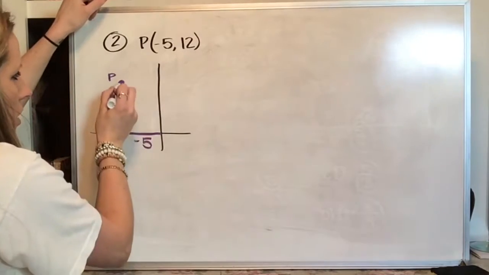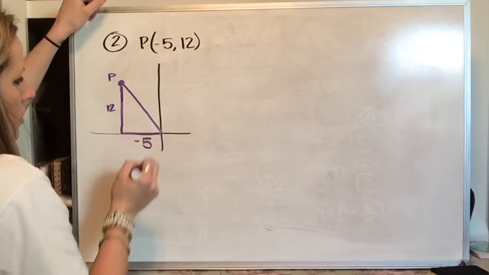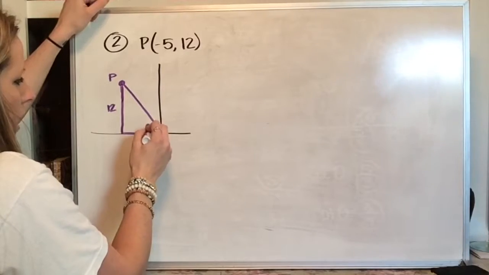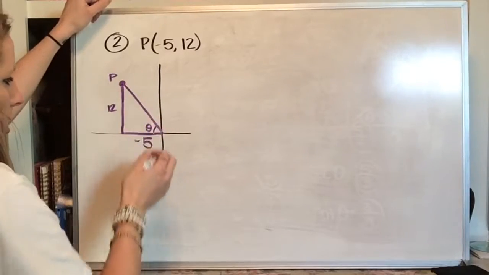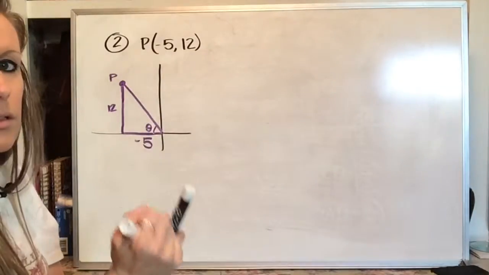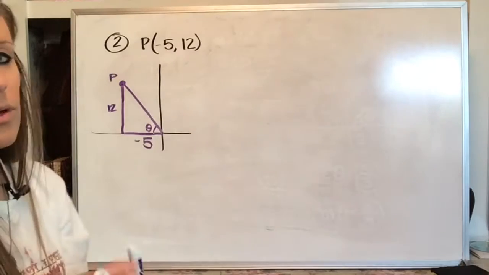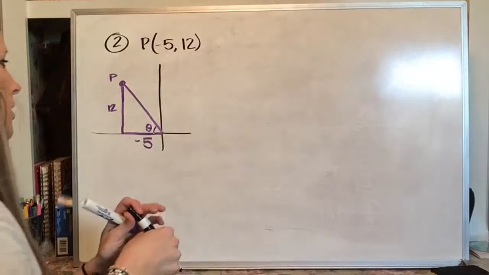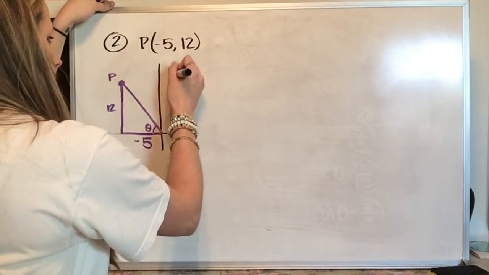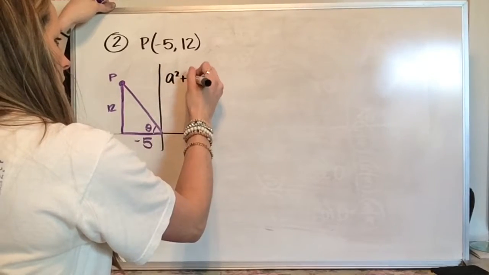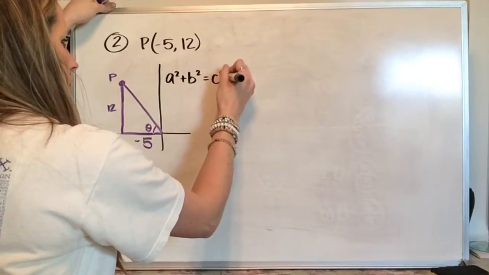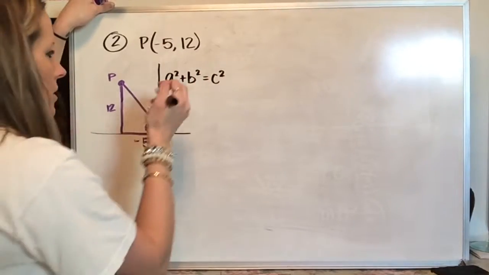Okay, let's go ahead and make a triangle out of that. So I have my angle, I have my vector. Okay. All right, so we need to figure out what the hypotenuse is. So we're going to use Pythagorean theorem. A squared plus b squared equals c squared. We have our two sides.